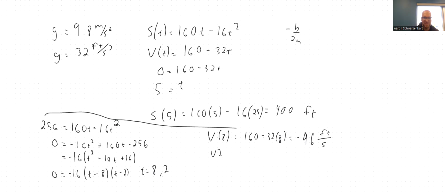V of 2 is positive 96 feet per second. Notice that they're the same speed, just in a different direction. Does that make sense?